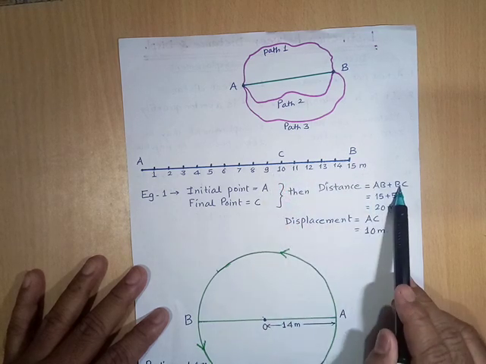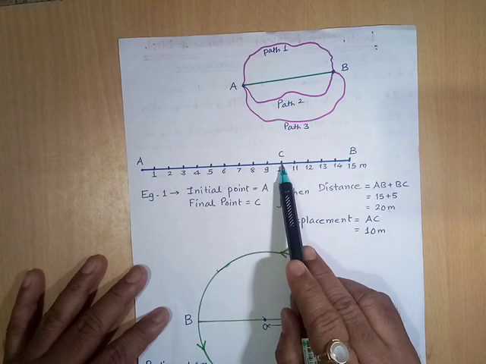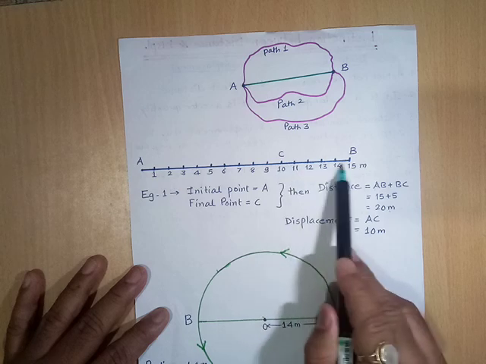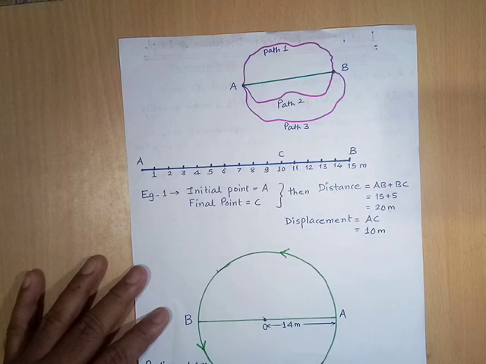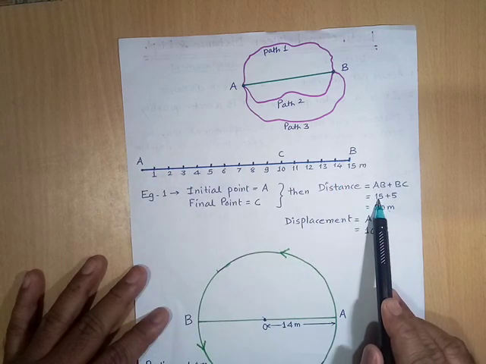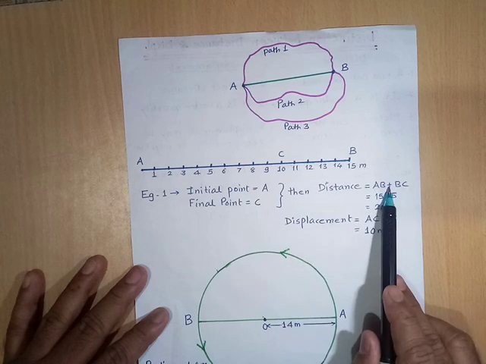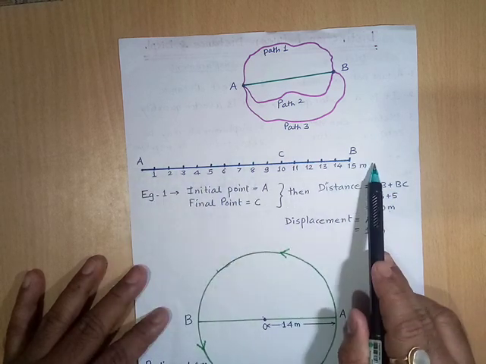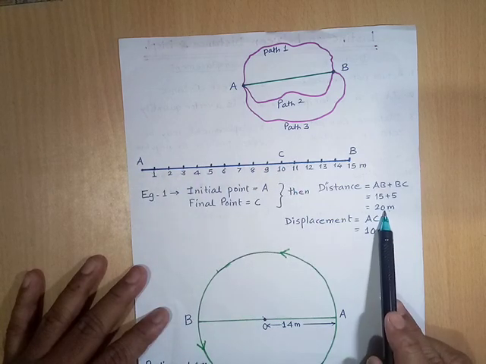So I have to add that distance from B to C also, because the motion of the object is up to the point C. So I must add these two quantities. From A to B it is 15 meter, and from B to C it is 5 meter. So the total distance, the actual path of the object from initial point A to the final point C, is 20 meter.